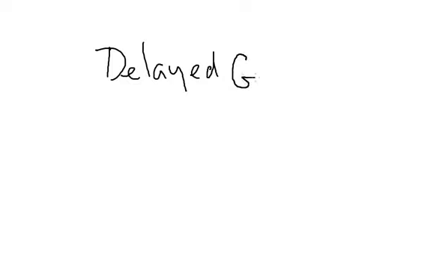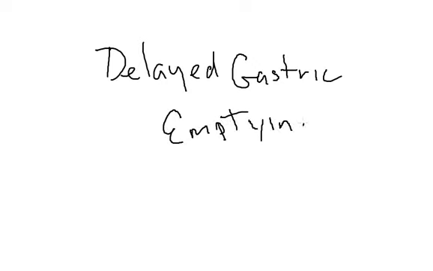The second more common complication from the Whipple procedure is called delayed gastric emptying. This essentially means that the stomach does not empty as well as it did before surgery.